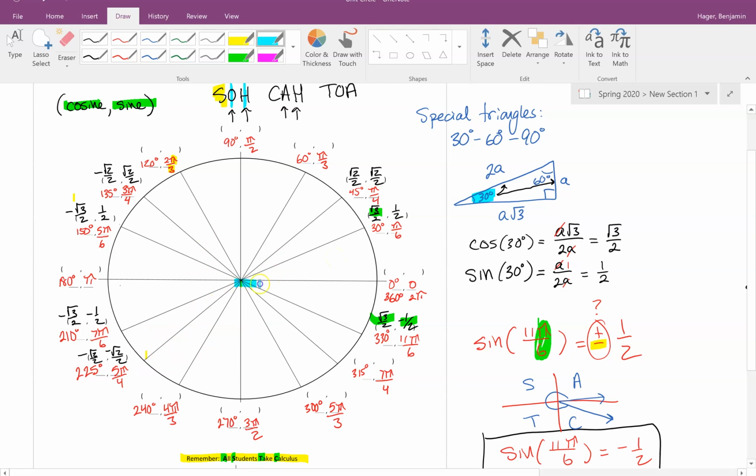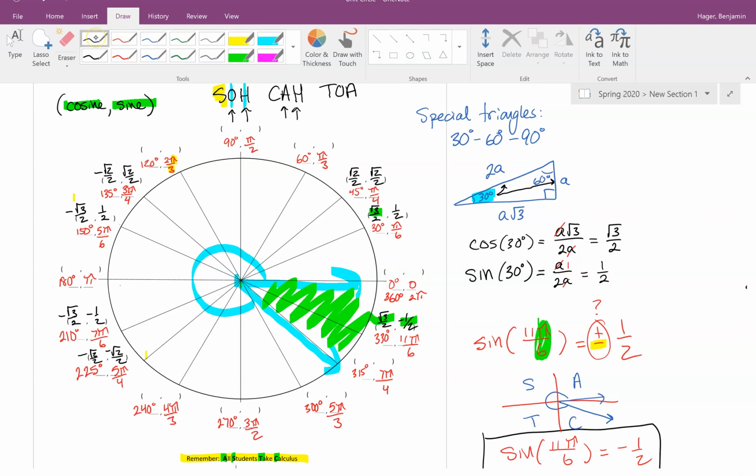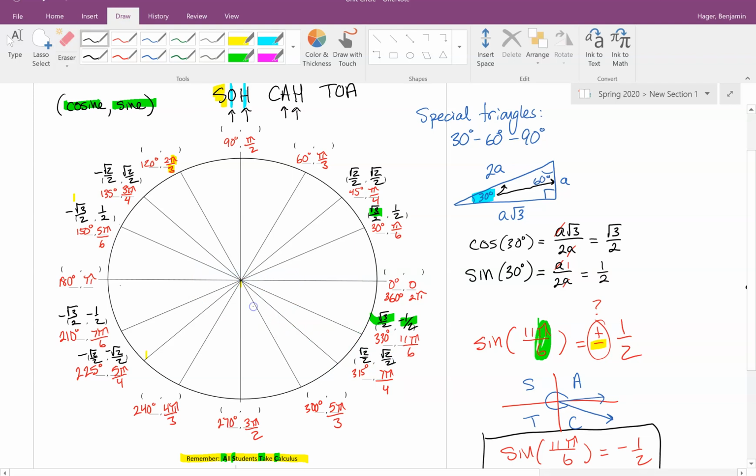Let's say my last 45-degree reference angle would be right here. Right? 45-degree size slice to close off that pizza. So my reference angle is 45. Since my reference angle is 45, I know for a fact the cosine is rad 2 over 2 and the sine is rad 2 over 2. What I need to verify is the sign.